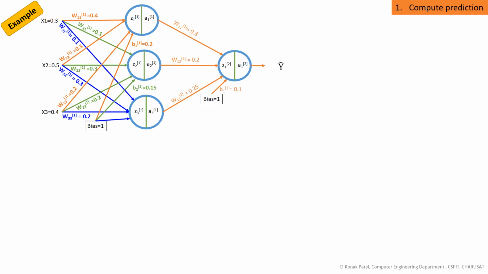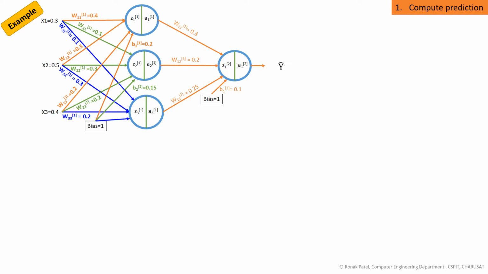This is your input layer, this is layer 1, the hidden layer, and this is your output layer, layer 2, right? So 1 1 means going to layer 1 from neuron 1.